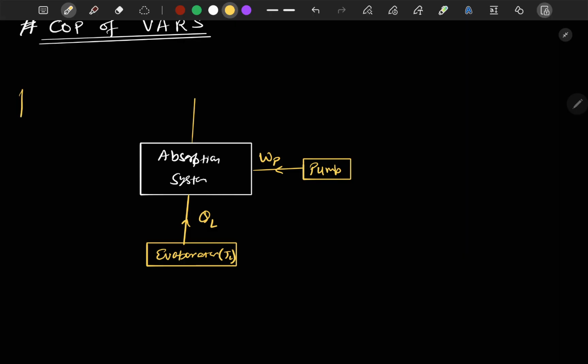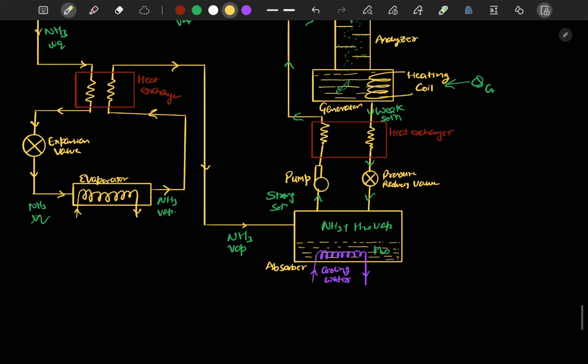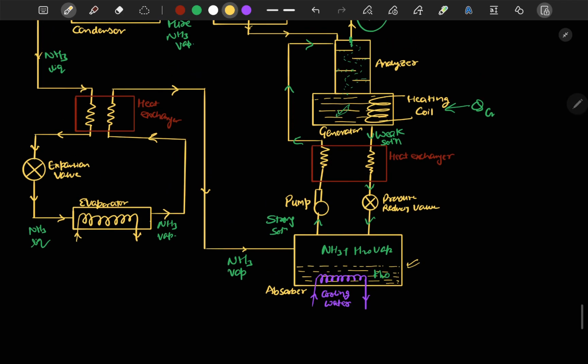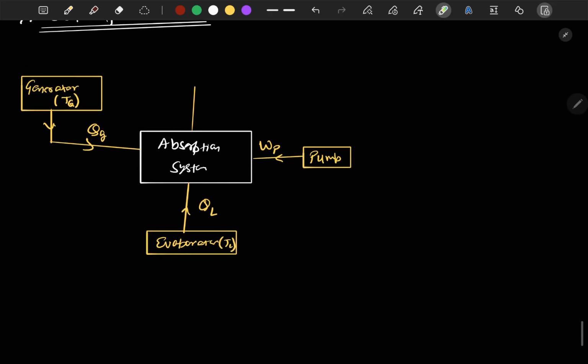This absorption system is also connected to a generator at TG, and it is supplying heat QG to the absorber. So it is interacting with the generator, the evaporator, and the pump.